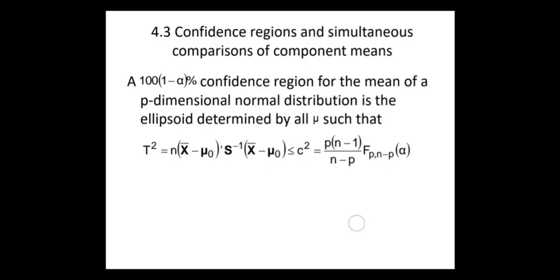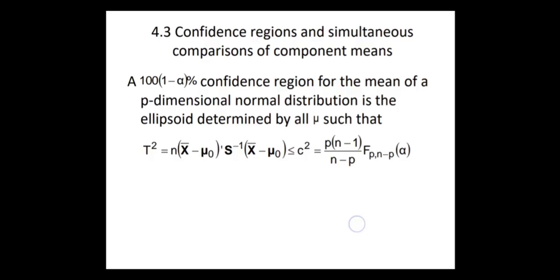Okay, from the previous lesson, you have learned how to conduct the test, which is the Hotelling T-square test and likelihood ratio test, to know whether the mean vector is the plausible value for the mean of the multivariate population, right?